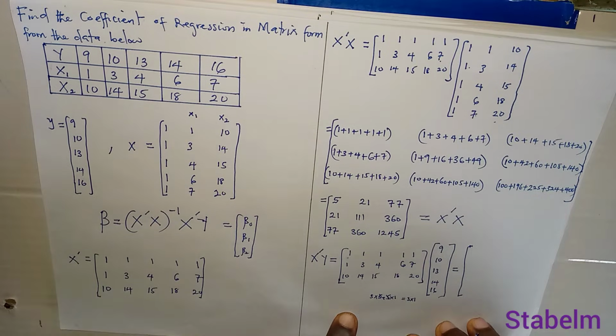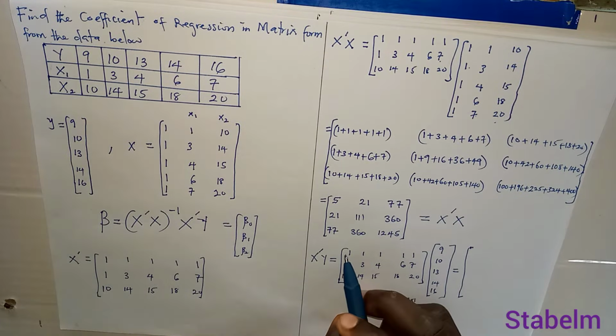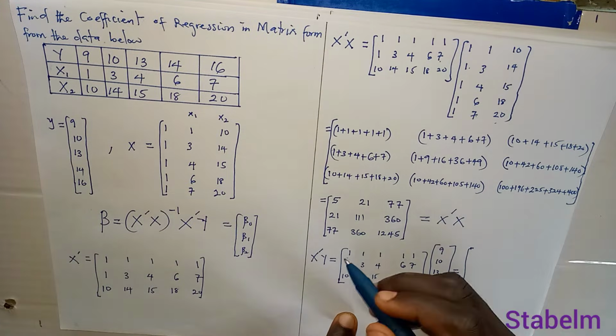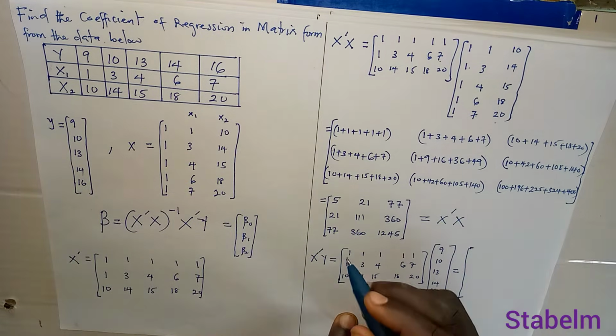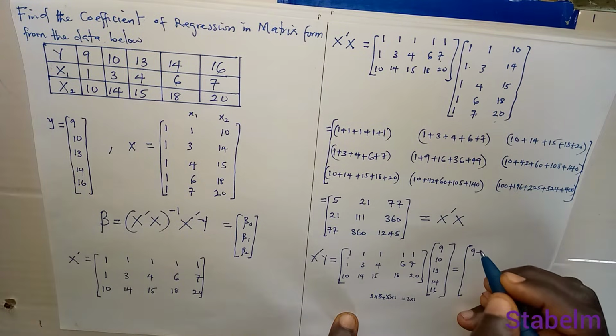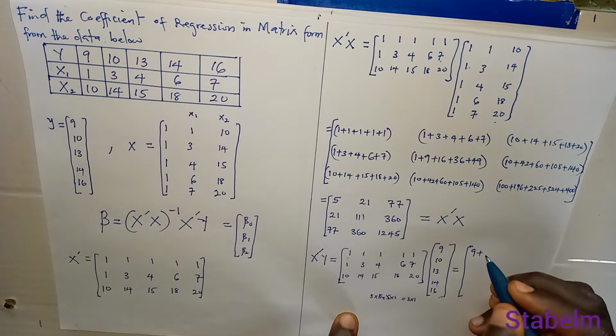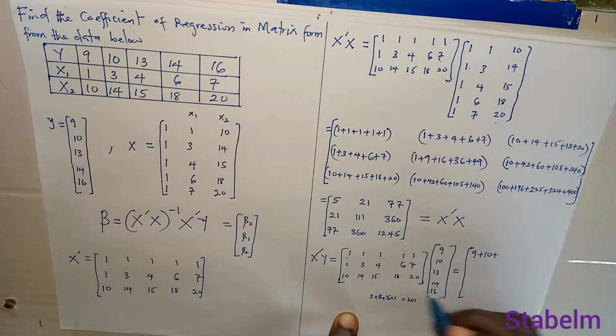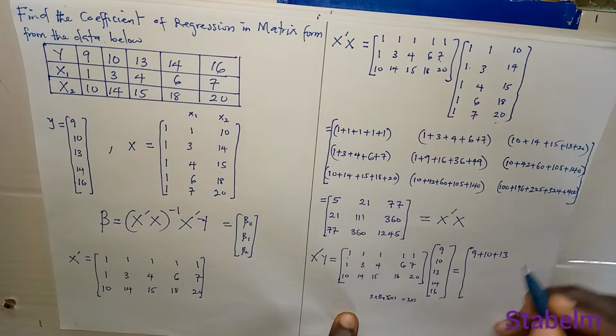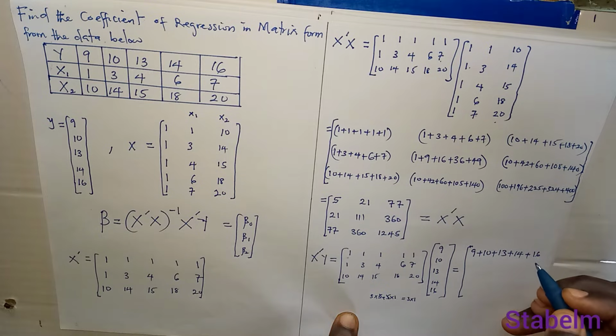Alright, now let's go, guys. This row multiplied by this column: 1 times 9, 9, plus 1 times 10, 10, plus 1 times 13, 13, plus 14 plus 16.